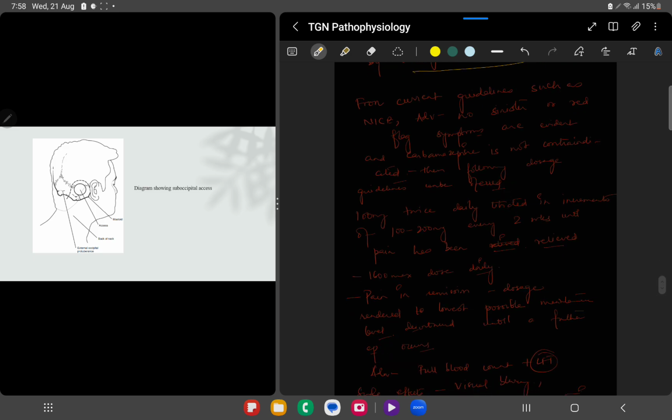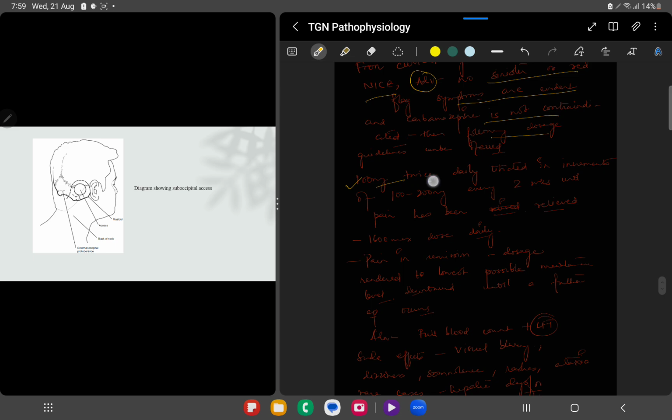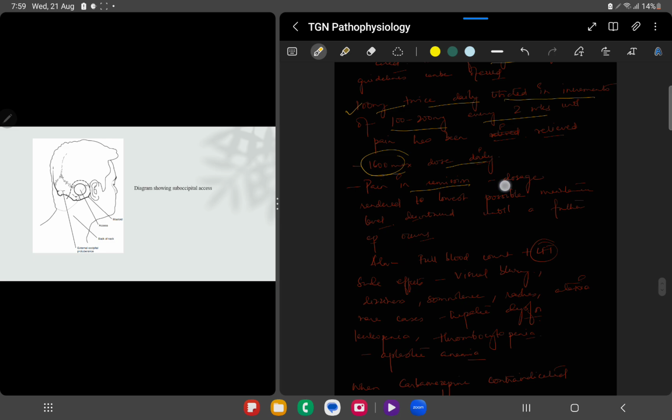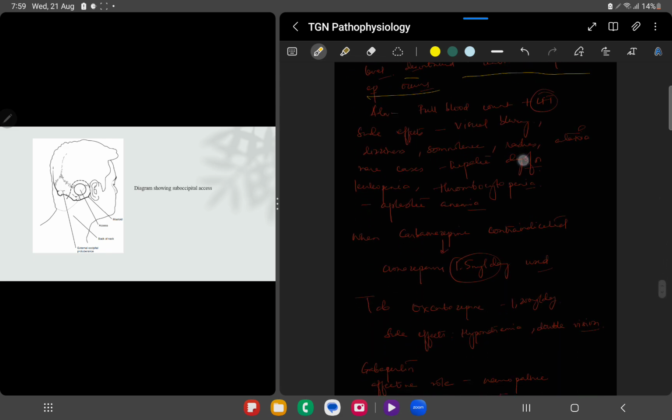From current guidelines such as the NICE guidelines, if no sinister or red flag symptoms are evident, carbamazepine is not contraindicated, and it is given in 100 mg twice daily dosage, titrated in increments of 100 to 200 every 2 weeks until pain has been relieved. The 1600 maximum dose can be given. With pain in remission, the dosage is reduced to the lowest possible maintenance level, and discontinued until a further episode occurs.